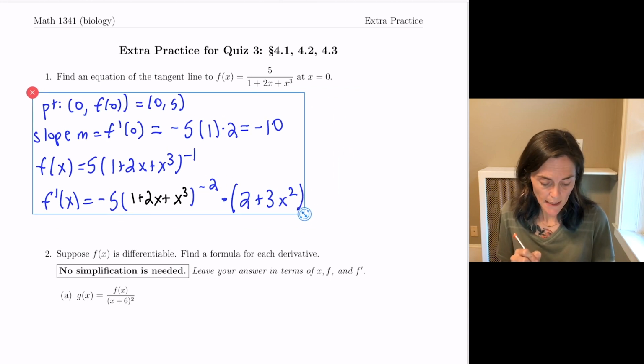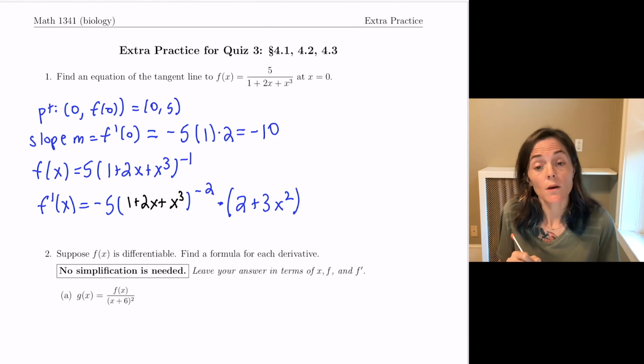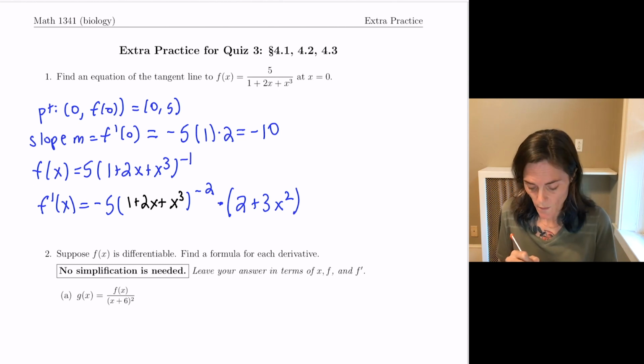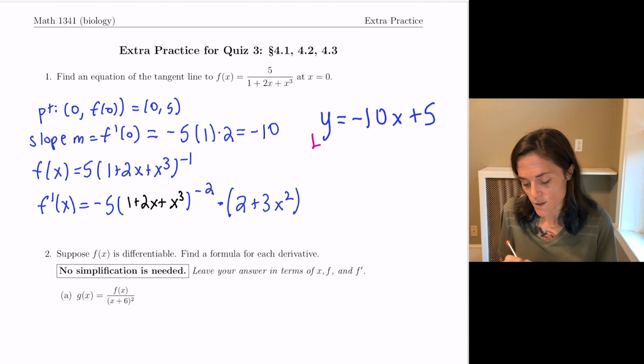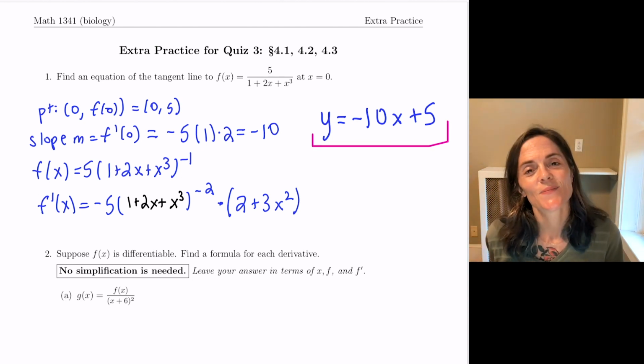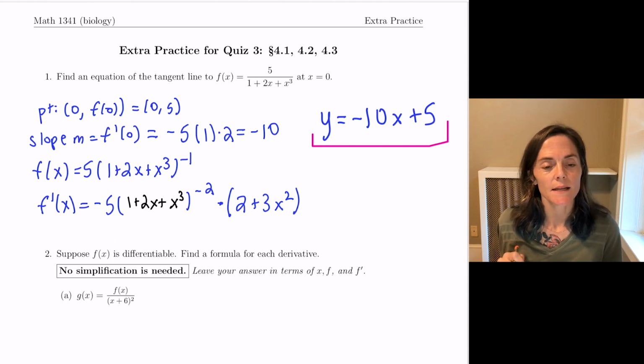I have everything I need here. So now we have the intercept, so we could do y is minus 10x plus 5. Or you could use point slope form if you wanted to. That was a fun question.